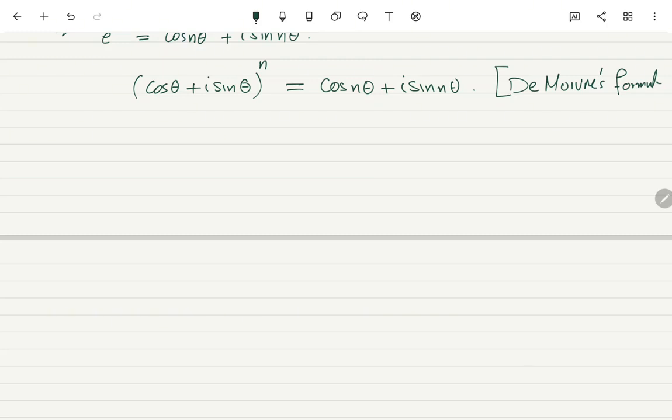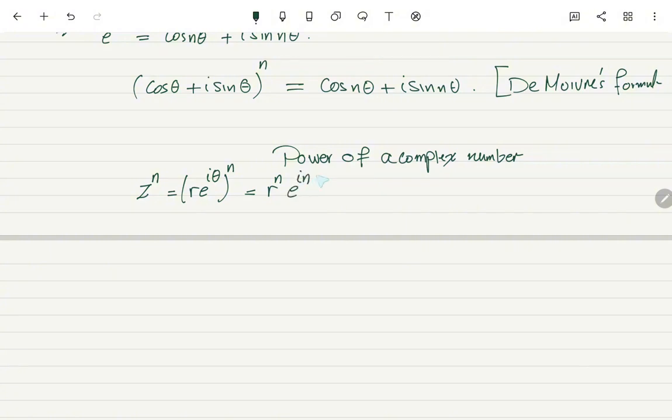Let's define the power of a complex number. z to the power n is equal to (r e to the i theta) all to the power n, or r to the power n e to the i n theta.